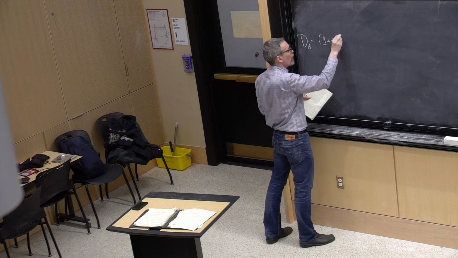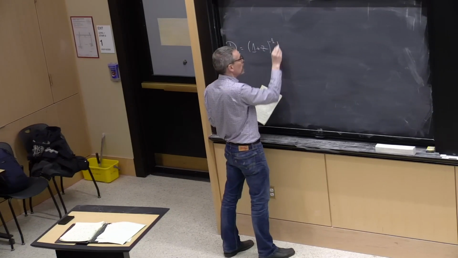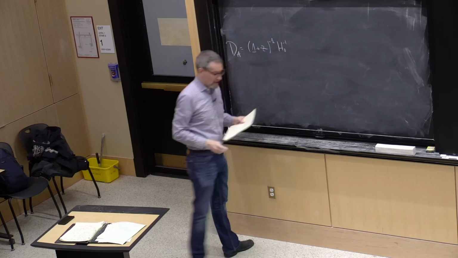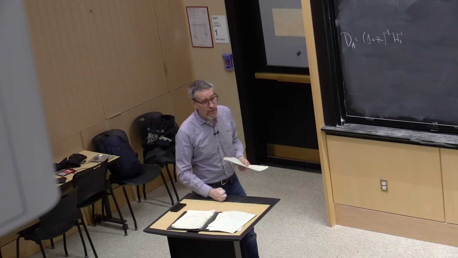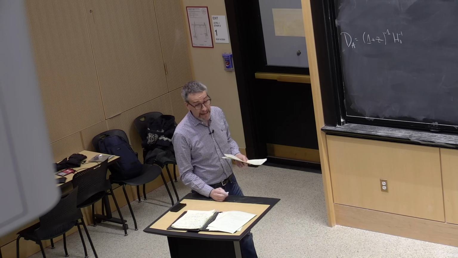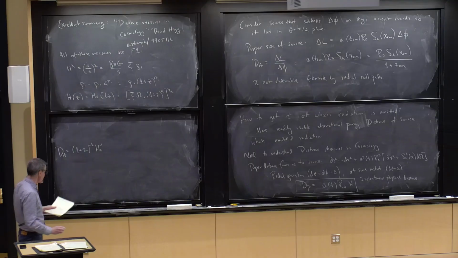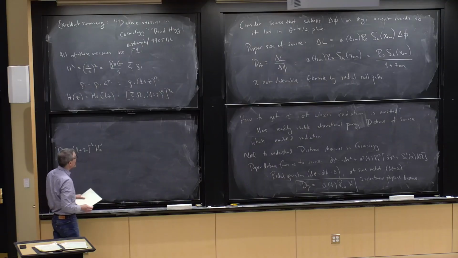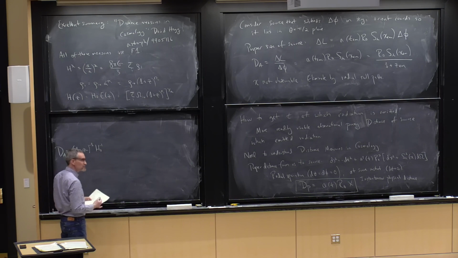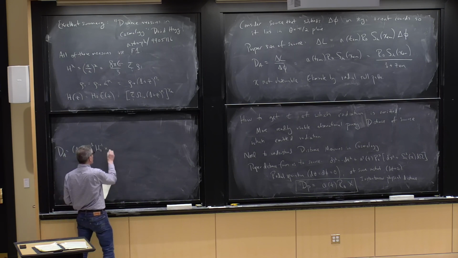There's a factor of 1 over 1 plus z, 1 over the Hubble constant. Remember, Hubble has units of 1 over length, 1 over time, and with the factor of the speed of light, that is a 1 over length. So 1 over the Hubble parameter now is essentially a kind of fiducial overall distance scale.